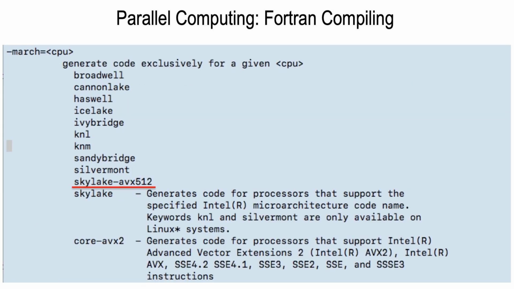As you continue scrolling through the help file, you'll come across the march option, which allows you to specify the architecture of your CPU to the compiler. It's important to note that this option can only be utilized if you're familiar with the architecture of your CPU.